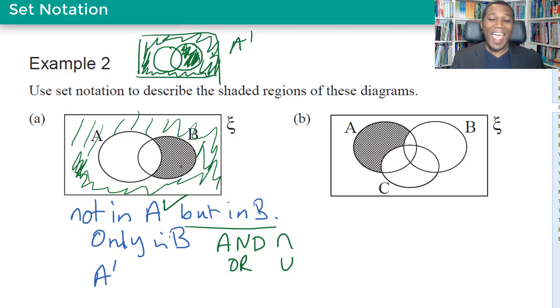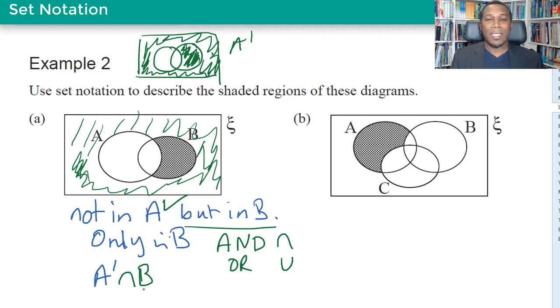And what we're saying is it's not in A, so A prime, the complement of A, but it has to be in B. So what we want is intersection, and it is in B. It's not in A and it is in B. It sounds better to me saying but in B, but this is what we're looking for.